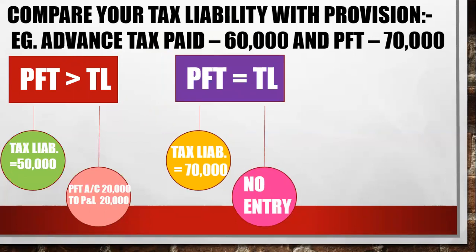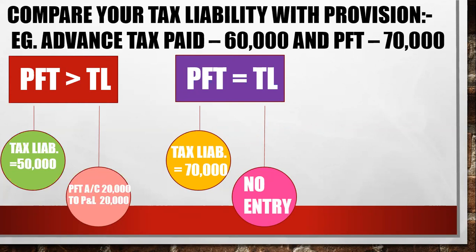Assume that your tax liability is 70,000 and your PFT balance is also 70,000. Can you see that? So there is no extra PFT; you have not created any extra PFT. If there is no balance in the PFT account, you need not transfer anything to the PNL account. That's why there is no entry. Clear that?